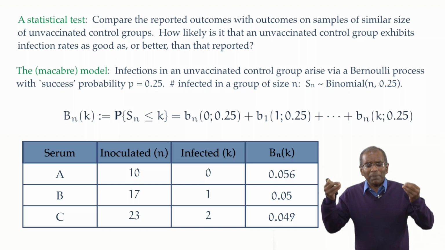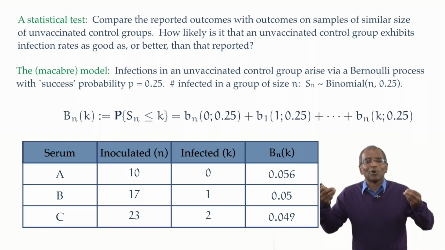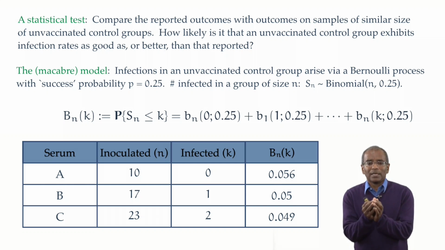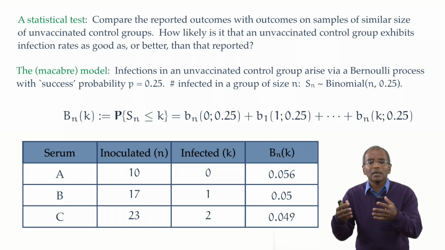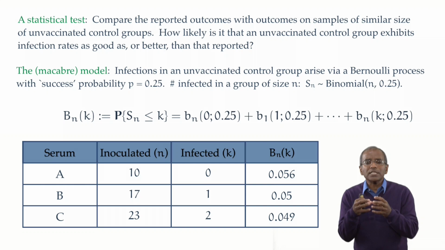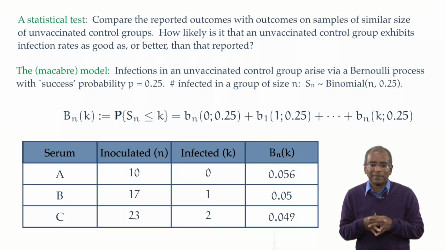Now, if we think back to how we set up the hot hand phenomenon, when you look at illnesses in a control group, we're asking, is there evidence that the control group behaves statistically similar to my vaccinated test group, or is the statistical behavior different?